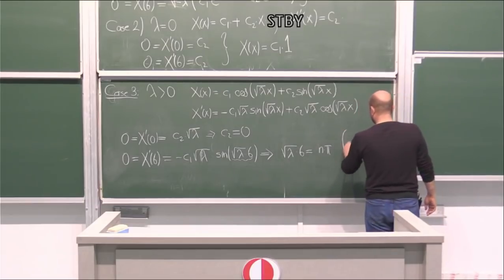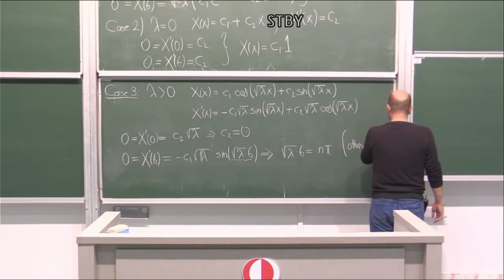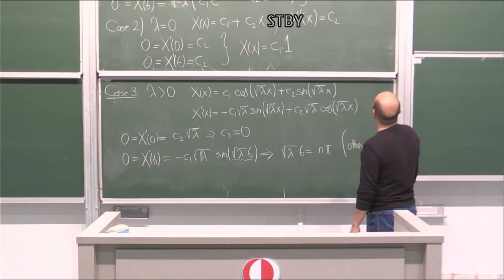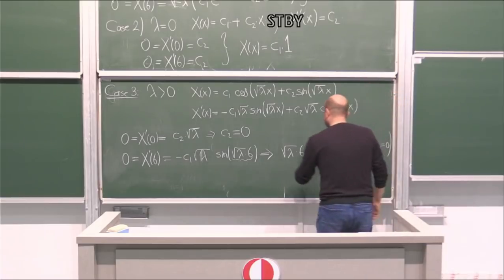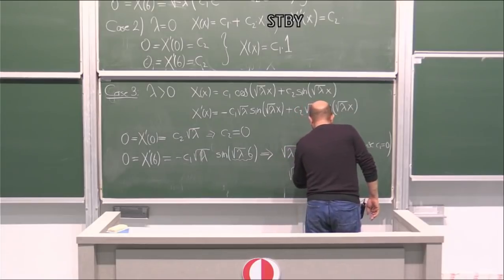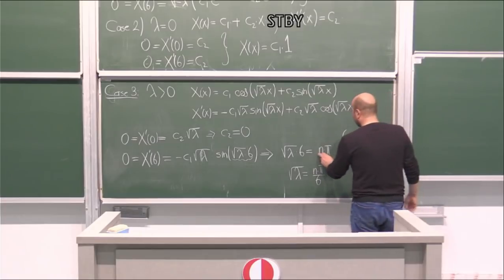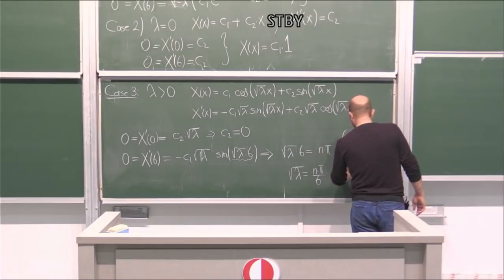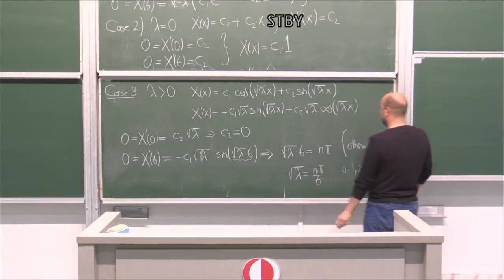So otherwise, c1 is 0, which gives us nothing other than the trivial solution. So this says that square root of lambda is equal to n pi over 6. So then what did we get now? Here n is 1, 2, 3, like this.